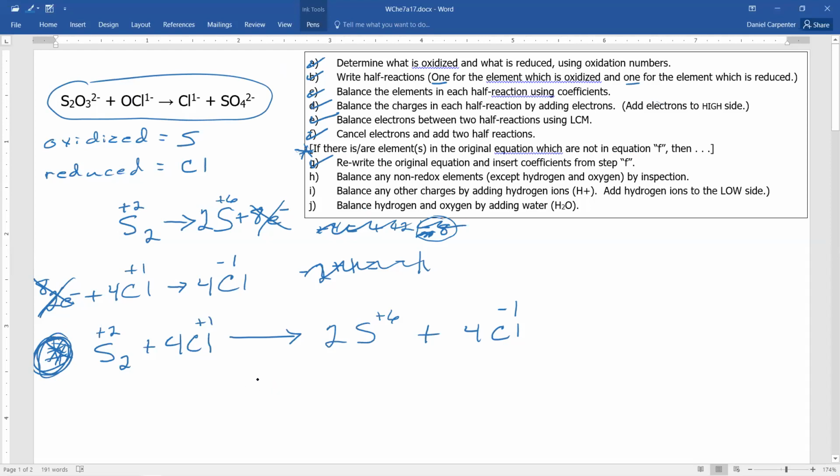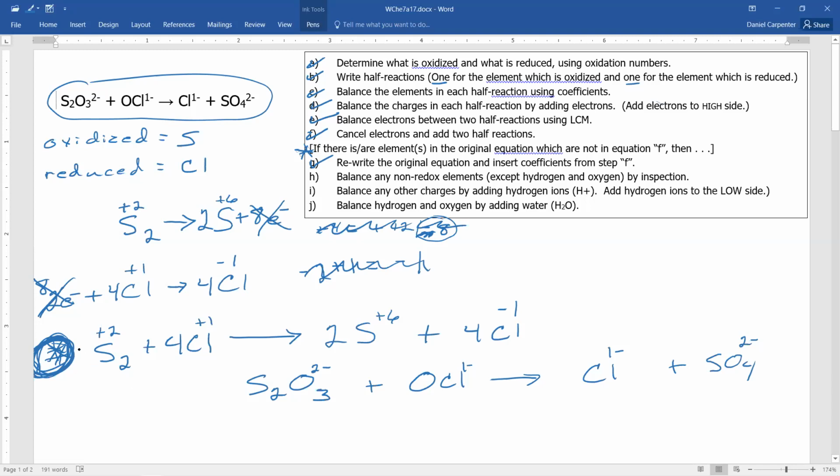S2O3 2 negative plus OCl 1 negative arrow Cl 1 negative plus SO4 2 negative. Now we'll drop in coefficients from step F, which is right here.